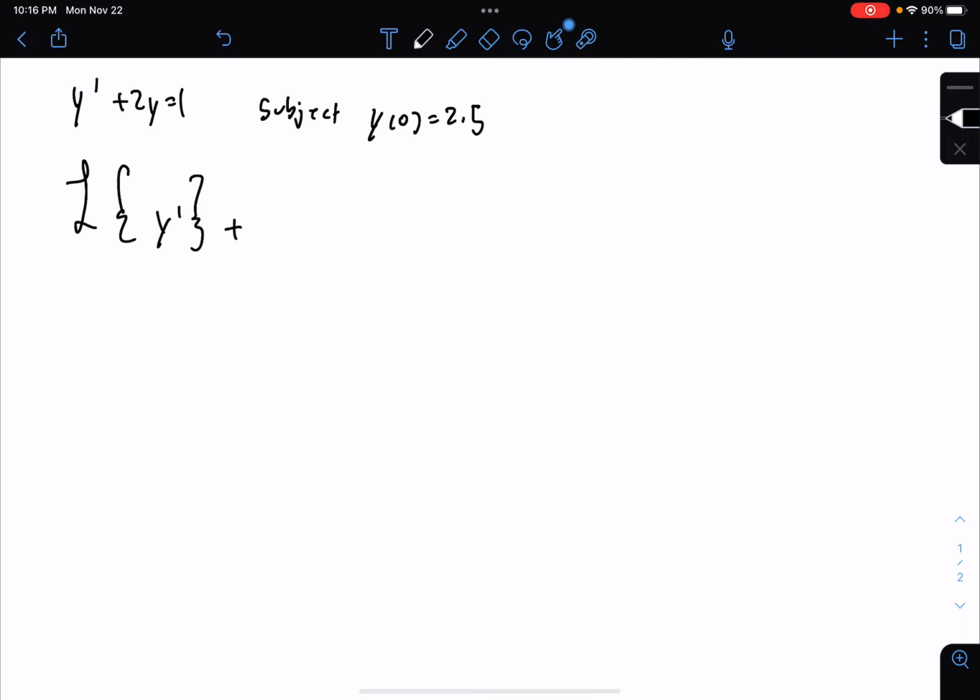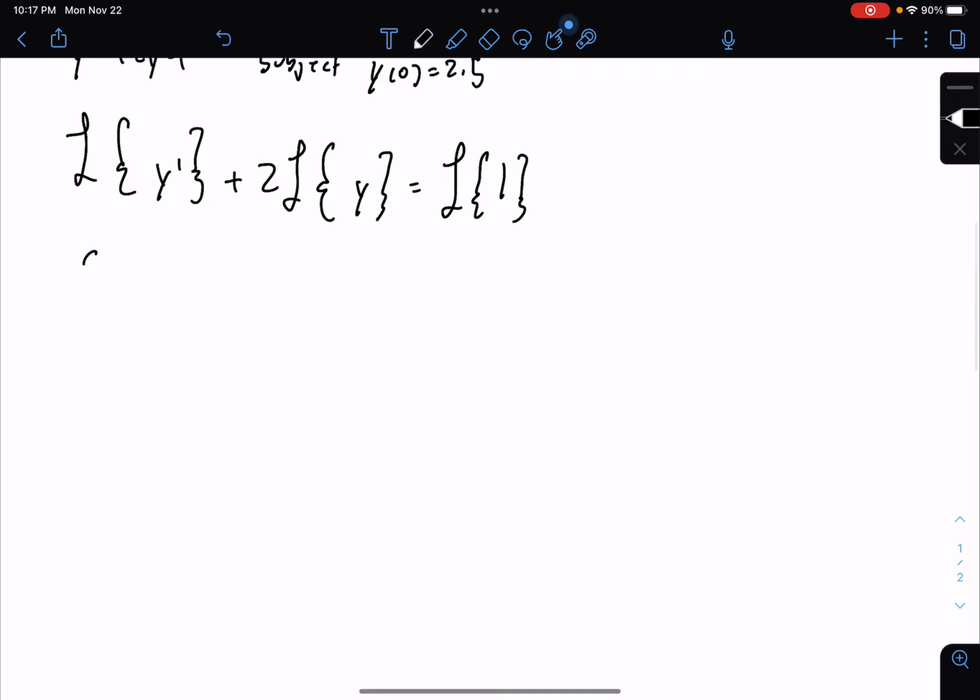I'm just rewriting our differential equation using the Laplace transforms. And looking at our table, we get this.